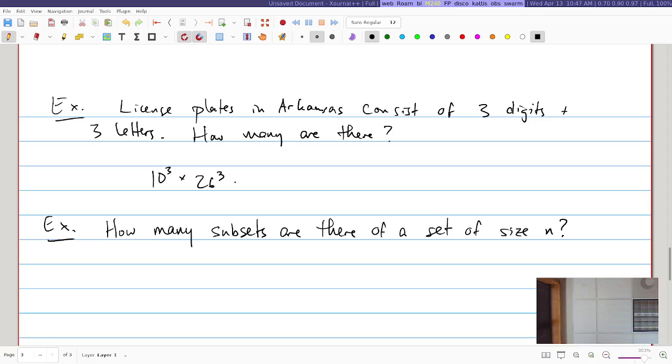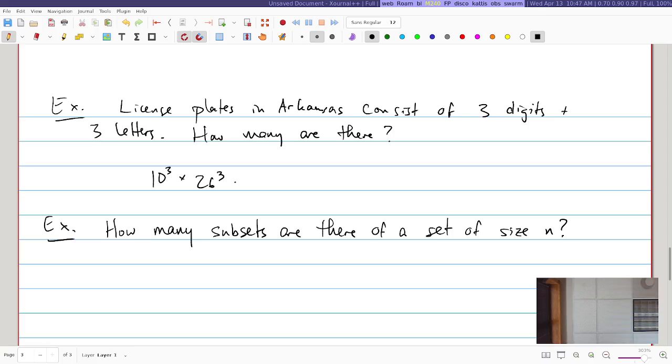And we have actually already talked about the answer to this question, but I want us to see what the product rule has to do with it. Does anyone happen to remember the answer? If you don't remember the answer, we can figure it out using the product rule.